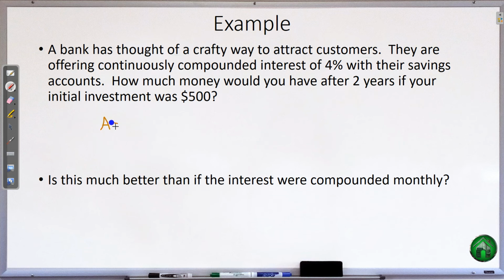The amount is equal to the principal, e to the power of the rate, which is 0.04, times the time, which is 2 years. So you can see that's pretty easy. And then we just got to plug that into the calculator and see what we get.